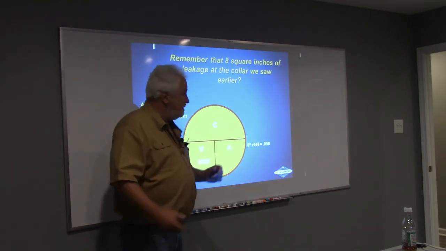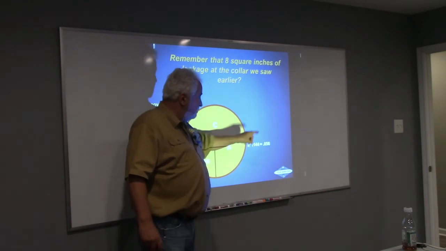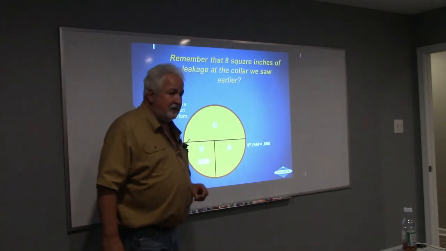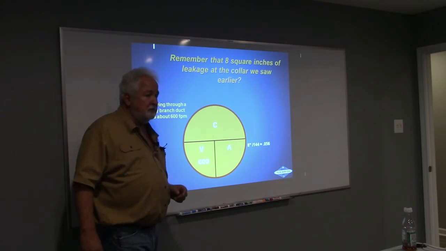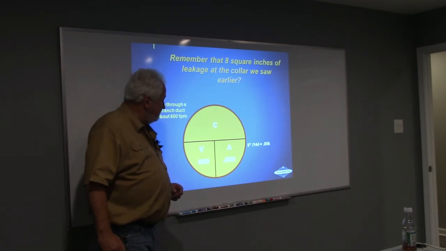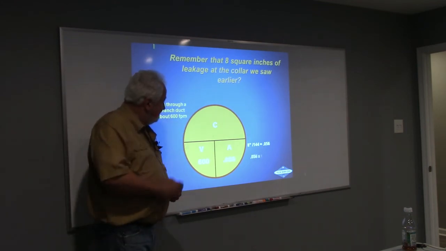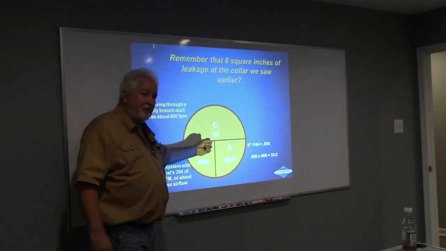Everybody good with that? Good, so 600 times 0.056 is 33.6. Let's call it 34.